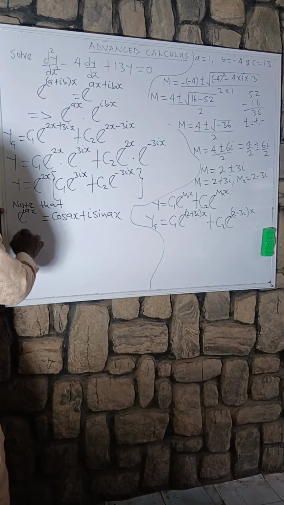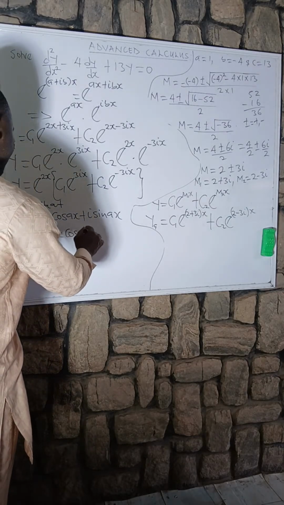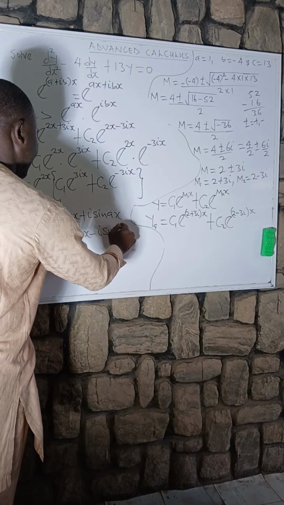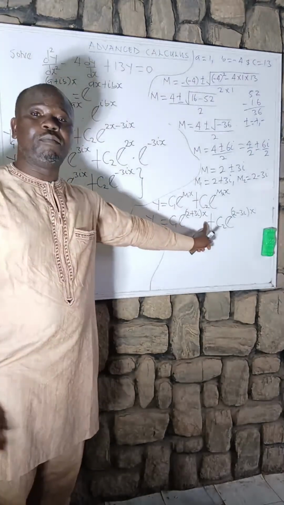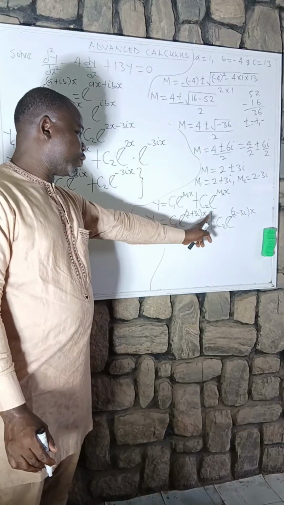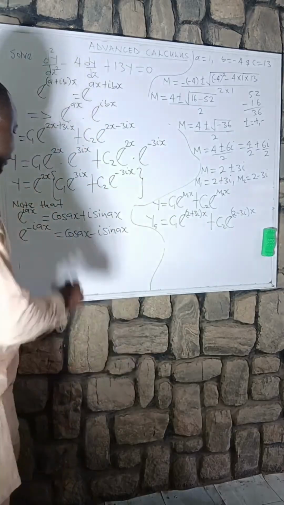Then exponential minus iax is equal to cos ax minus i sine ax. Take note. So that is why I said, since they are complex roots, it will not make sense if we leave it in this form.